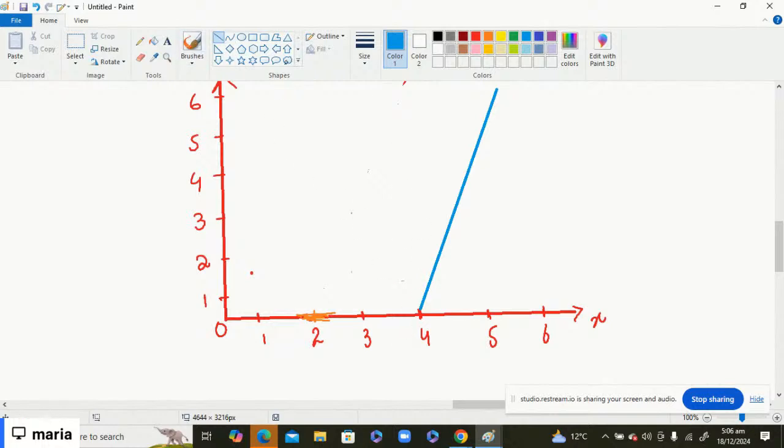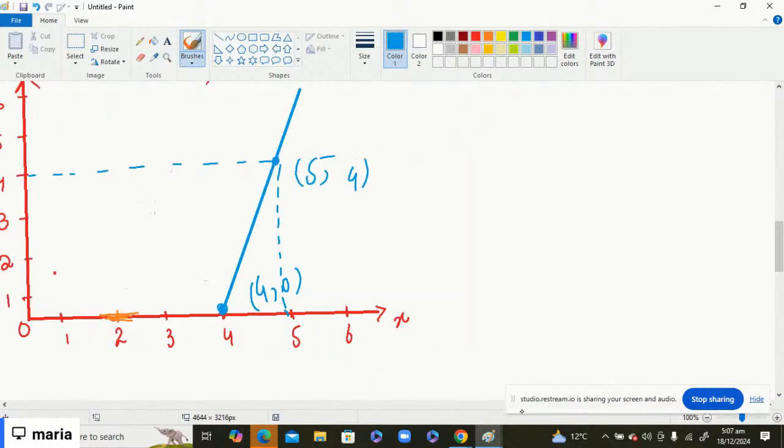So look, the first point I'm going to take here is 4 and 0, and the second point is 5 on the x-axis and 4 on the y-axis, that is 5 and 4. That's why we put first 5 and then 4.